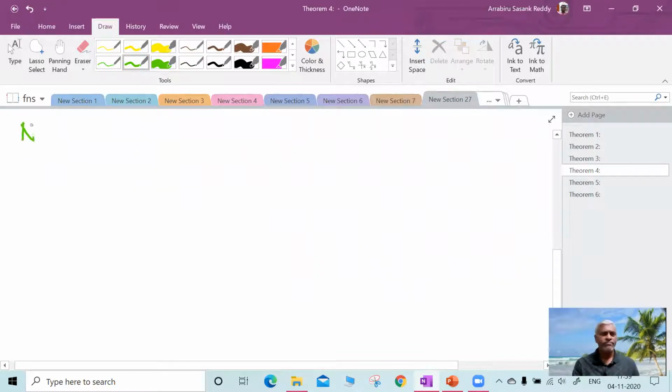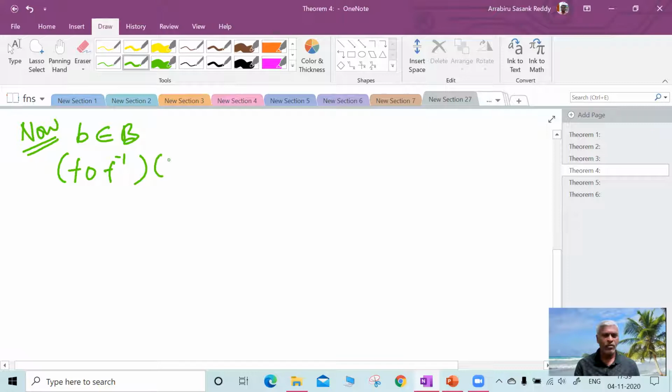Now let b be any element, as both the functions are defined from B to B. Let us take an element b in set B and let us take the range f circle f inverse of b.